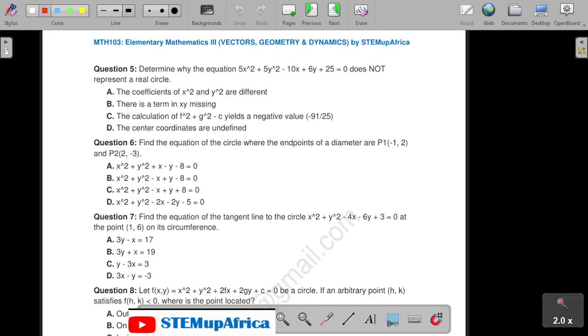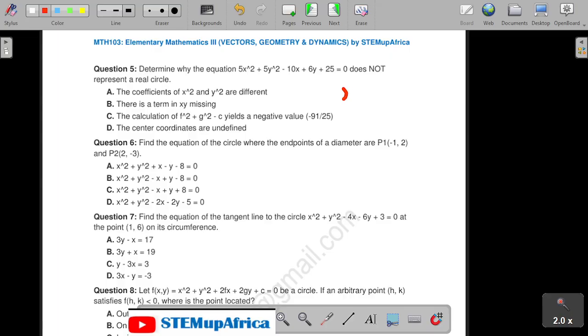Determine why this equation does not represent a circle. First of all, the coefficients of x squared and y squared must be the same. So let's see why it's not a circle. Just as in the first one, we divide through by the coefficient of x squared and y squared.